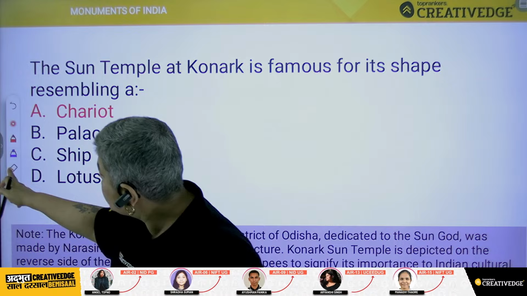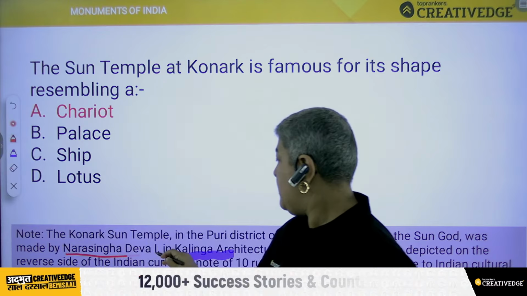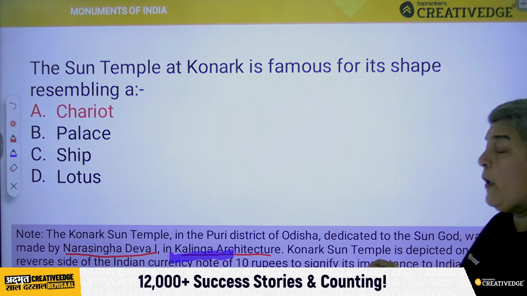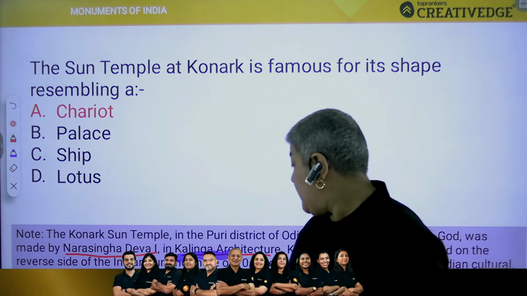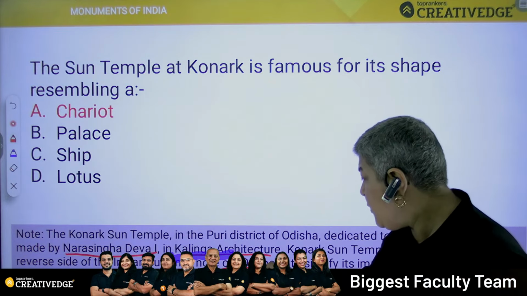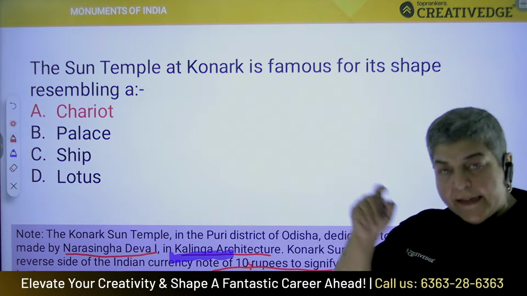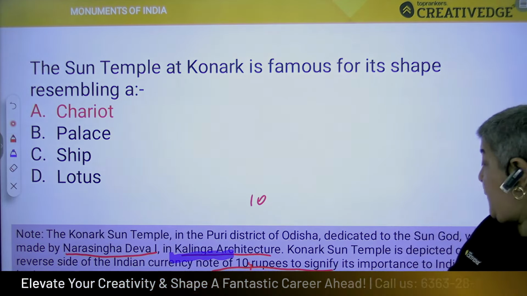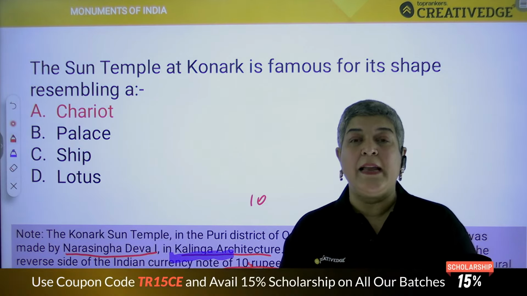Oh, I'm sorry. In Kalinga architecture, and what is depicted? It is depicted on the 10 rupee note. I'm sorry, it's not depicted on the 10 rupee note, guys. The Konark Sun Temple, yes, sorry. The Konark Sun Temple is depicted on the 10 rupee note to show its importance to the national heritage.